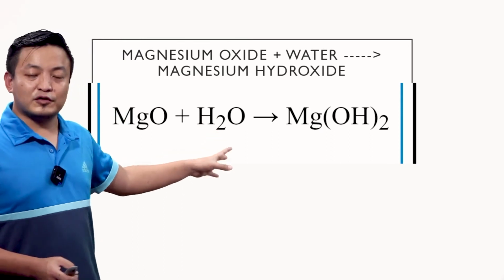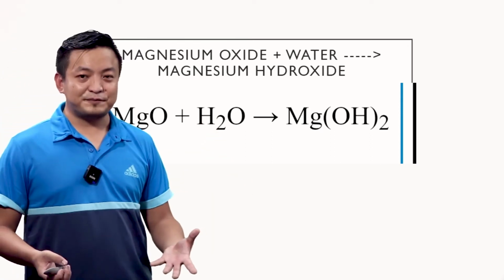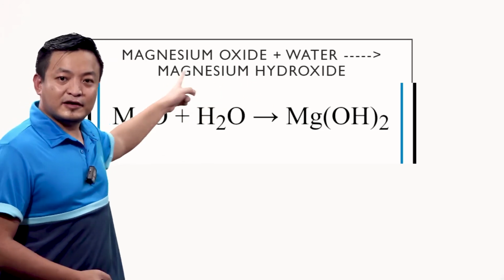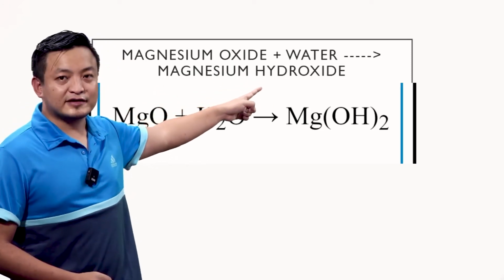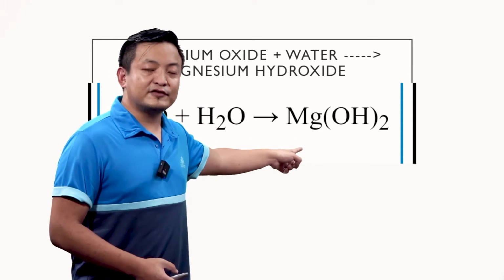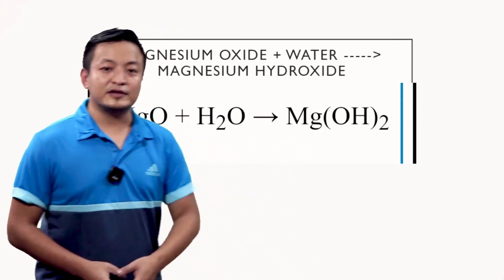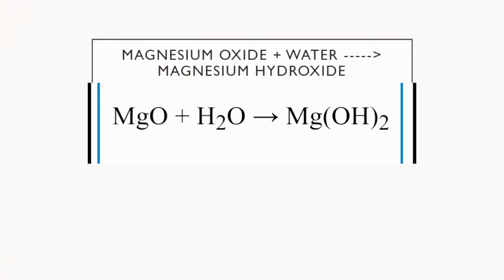And together, what does it become? It becomes magnesium hydroxide, okay? Here we have a chemical formula for magnesium hydroxide. So you can have a look at this simple equation and note this down, or mark this equation in your textbook, okay?